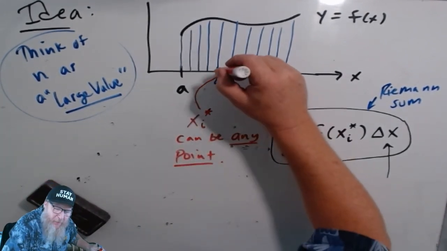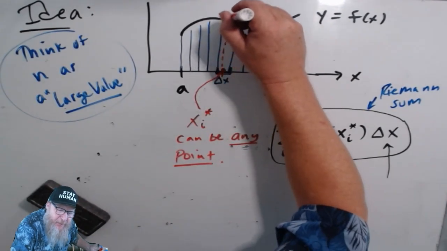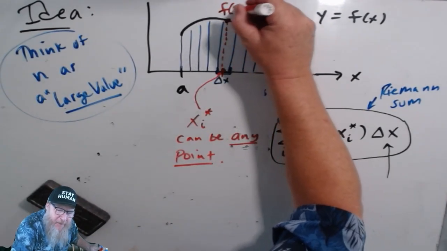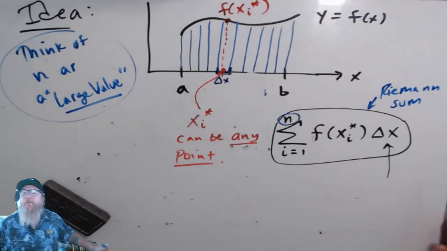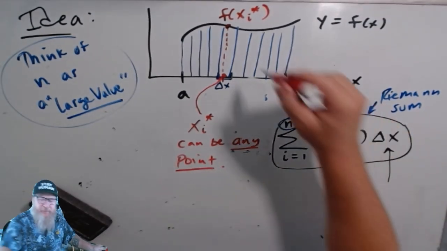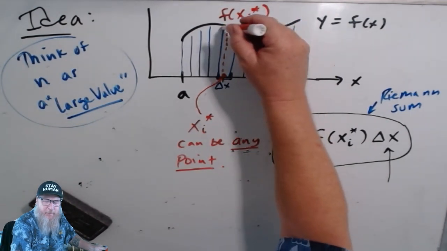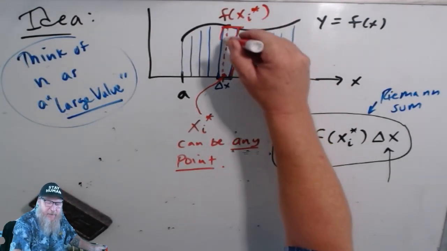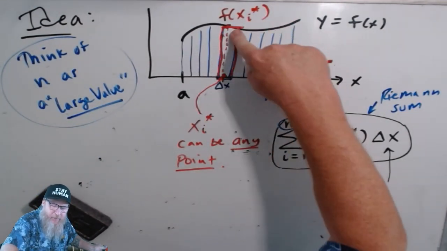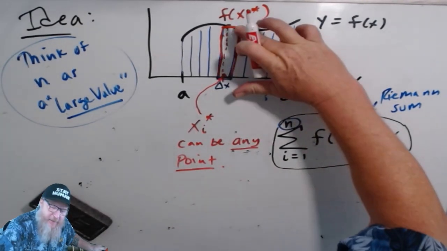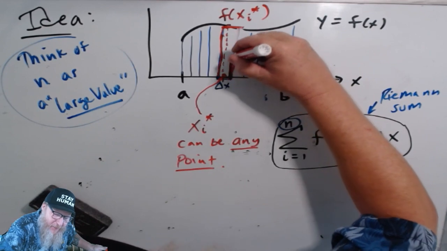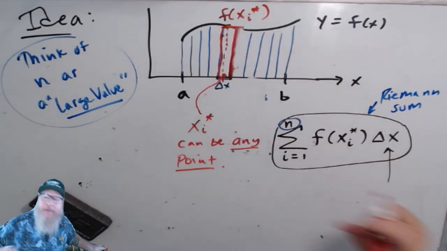And then that point will obviously produce the f of xi star, which is what I was referring to as the roof. It tells you where to put the roof or the top of the rectangle. Sorry, that's a terrible rectangle, but you get the idea, I hope. It's supposed to be a nice rectangle.